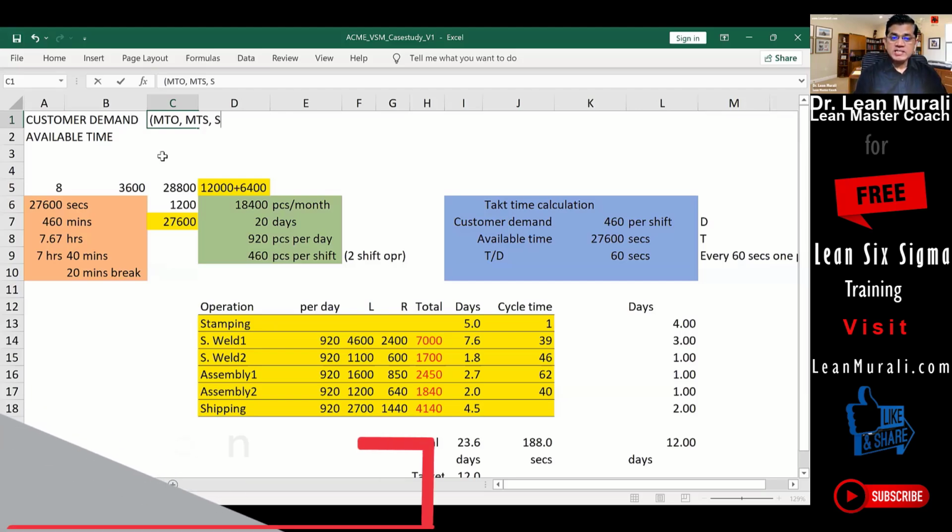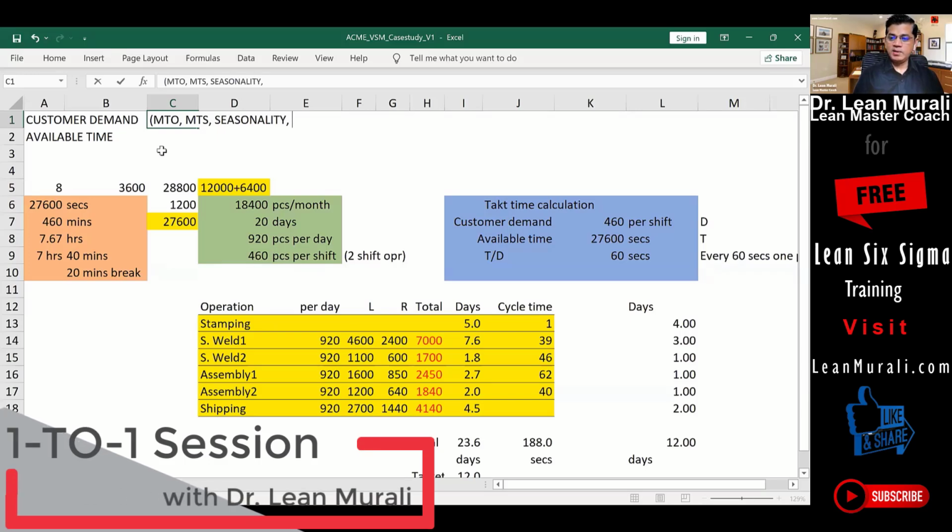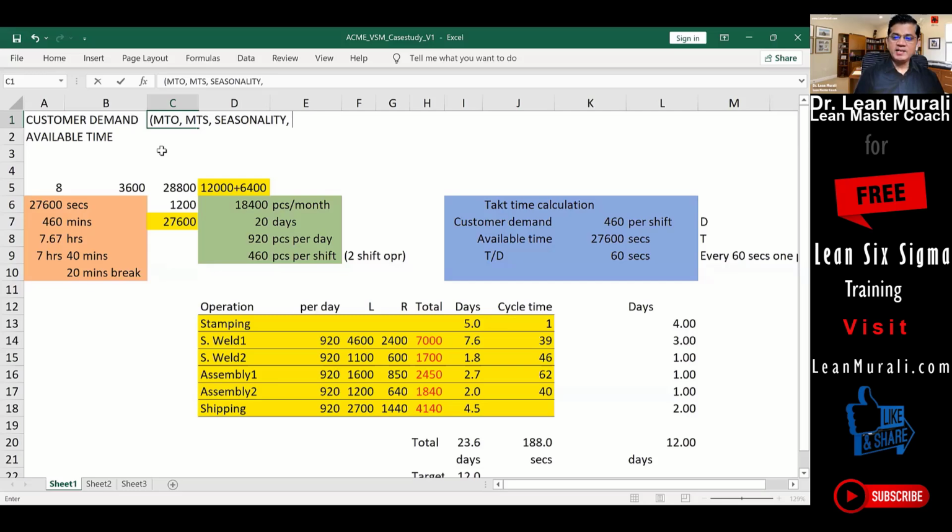Or the seasonality: umbrella, raincoat, fans, air conditioners, fruits, cool drinks, coolers. These are all seasonality type of products, and so you must know the customer demand.